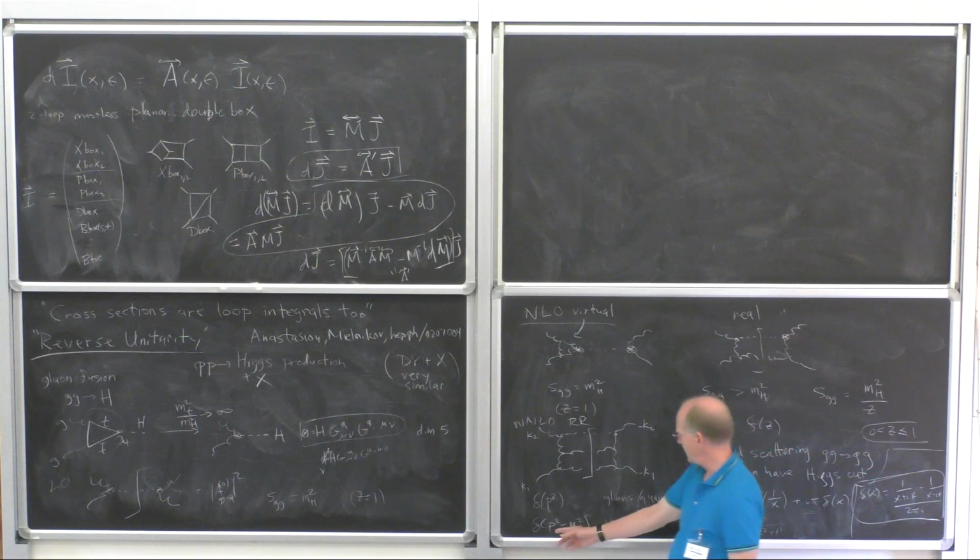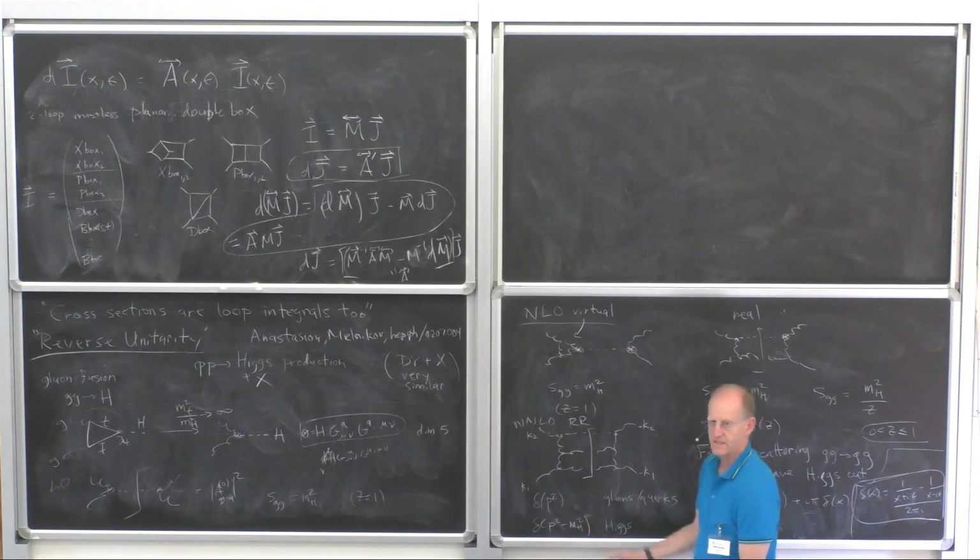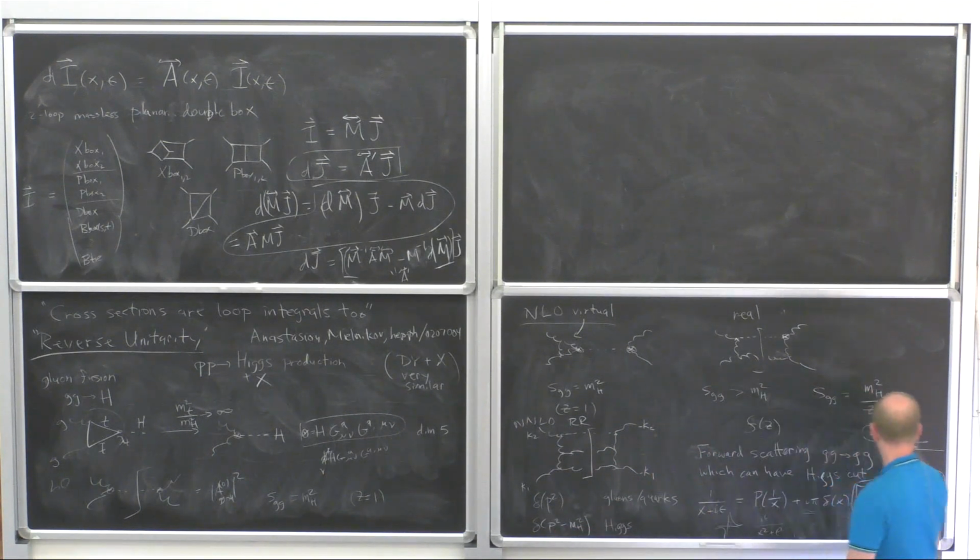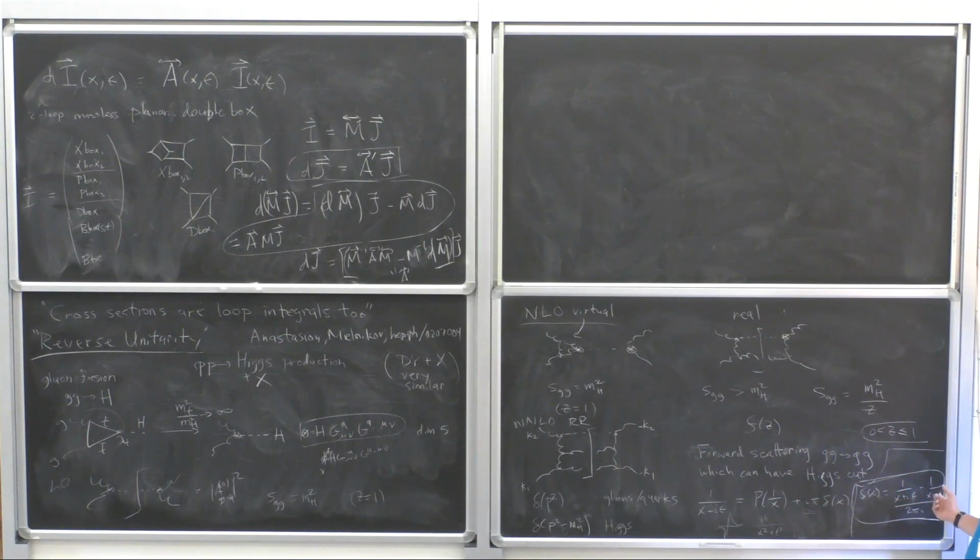If I set x equal to p squared minus m Higgs squared, I'm going to get the Feynman propagator. And then I'm going to get it a second time with a relative minus sign with the opposite I epsilon prescription.